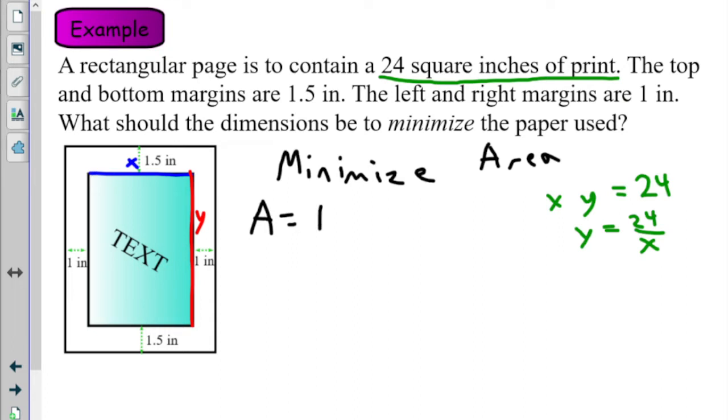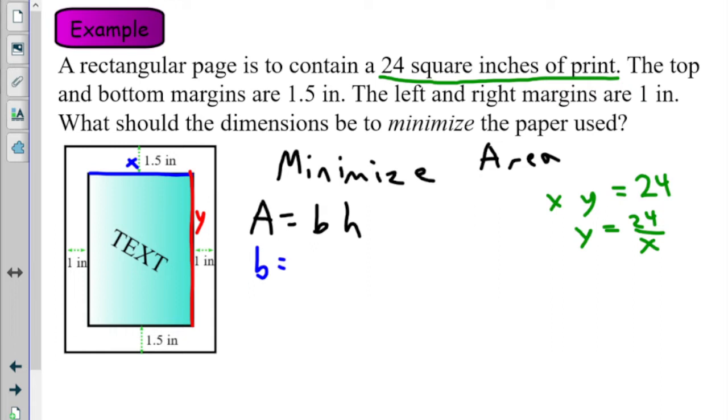So base times height. Our base is based on our horizontal distance here. So let's count our distance along.